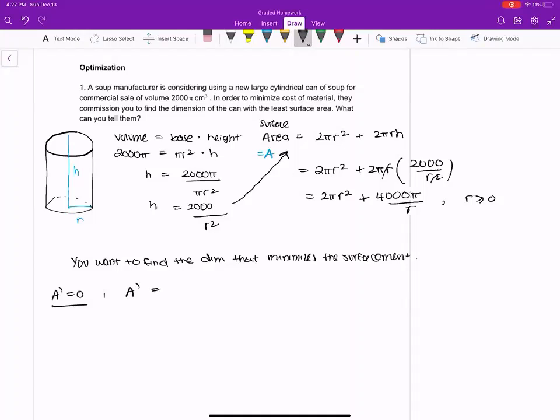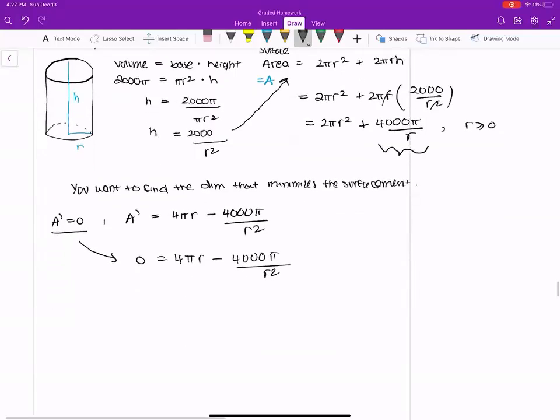A prime is differentiating your equation. So you get 4 pi r, subtract 4,000 pi over r squared. Notice that when you're differentiating the second term, you're using the quotient rule. Now you set A prime equal to 0. So 0 equals 4 pi r subtract 4,000 pi divided by r squared.